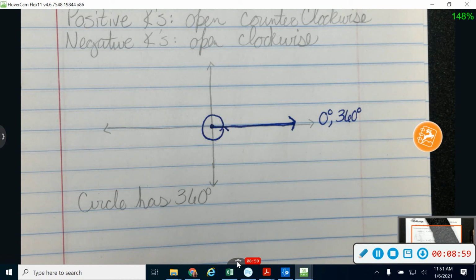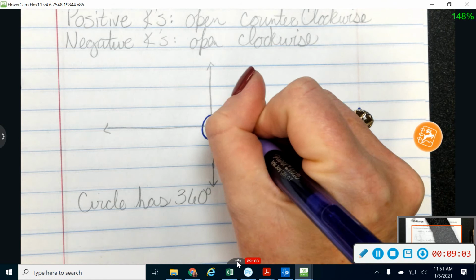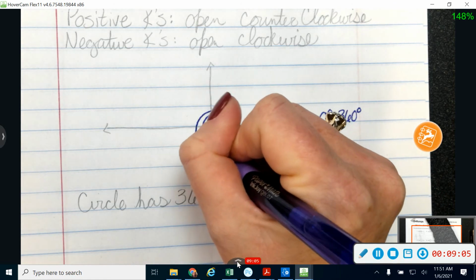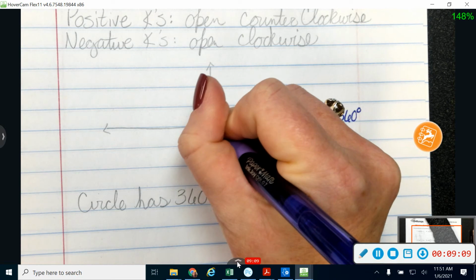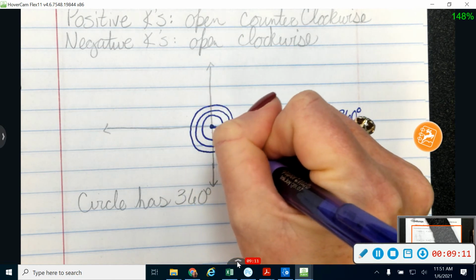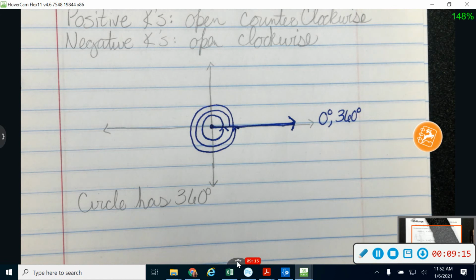Here's kind of a weird idea for you. I could go around 360 and keep going and go around again all the way back to here. So I went around 360 degrees and then another 360 degrees.